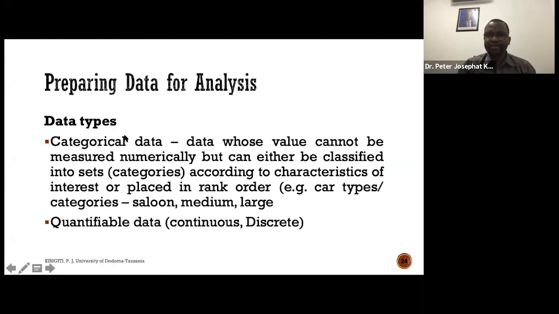For instance, categorical variables. Then we discussed qualitative and the quantitative. When we are preparing for the analysis, it is very, very important to consider. Now you can see the connection from the above discussion.